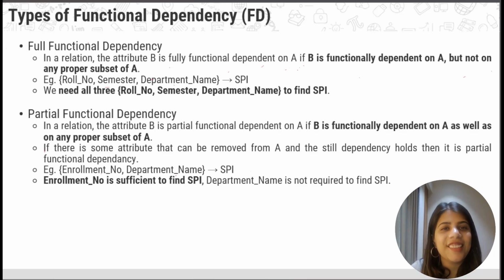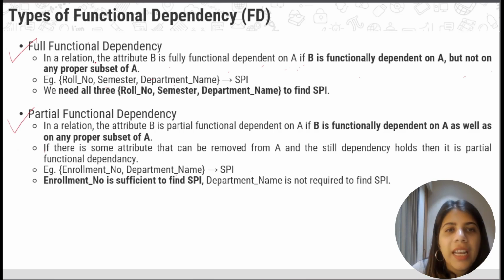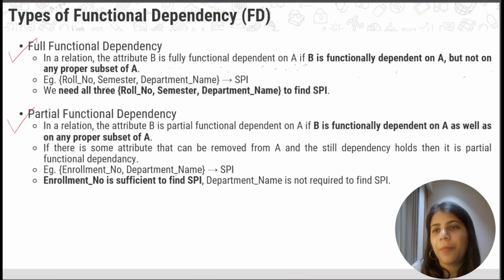Now let's understand the types of functional dependency. Full functional dependency and partial functional dependency. In a relation, the attribute B is fully functionally dependent on A if B is functionally dependent on A but not on any proper subset of A. Example is roll number, semester, department name. ये तीनों मिला के it can tell me the SPI.